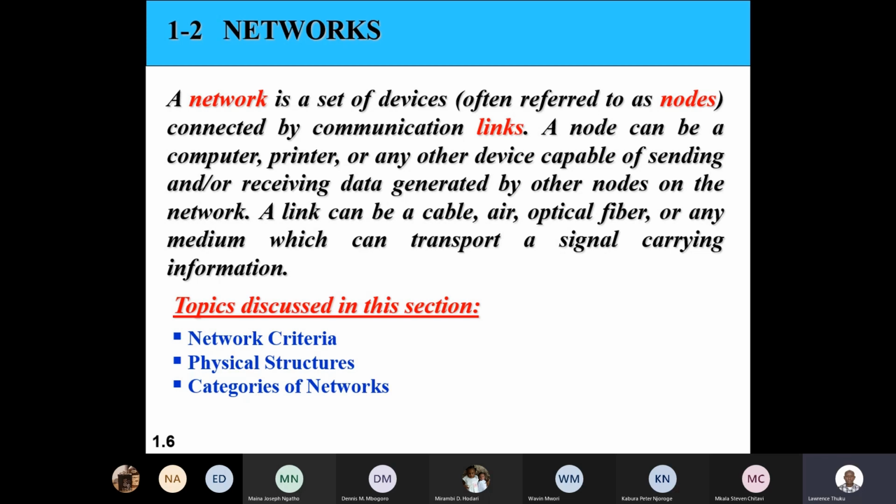The link, as I said earlier, could be cable or air. Remember, when we talk about air, I'm focusing on unguided media, for example satellites, microwave, Wi-Fi, Bluetooth technologies, and even Li-Fi, which is another technology involved in data transmission. Or optical fiber, or any other media that can transport signals carrying information.